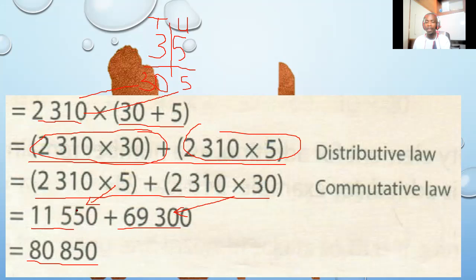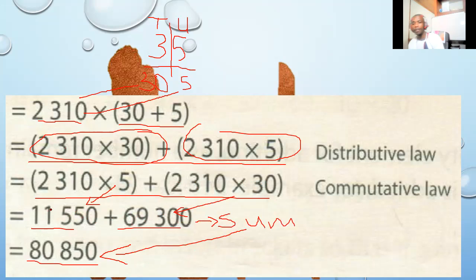Now 11,550 and 69,300, their sum, it means we are adding. Their sum is this one, right? The sum of these two numbers.